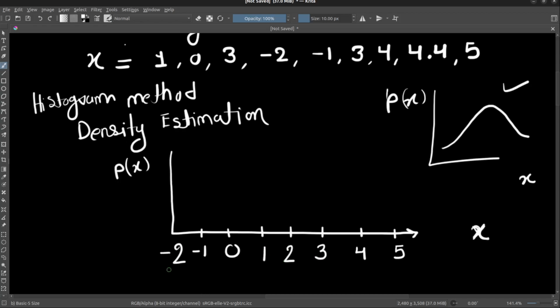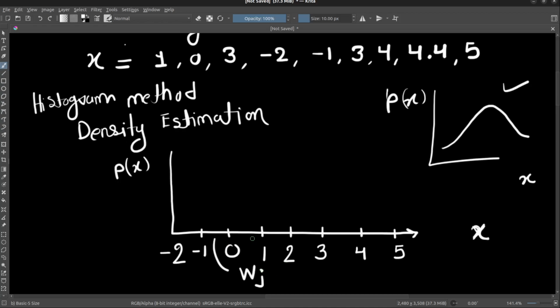Okay, so this is the x-axis basically. What we will do is make the width of the window, let's say each of these is w. Each of these is a w, and we are considering the jth bin, so I will write wj.